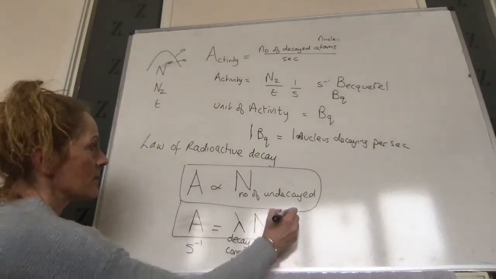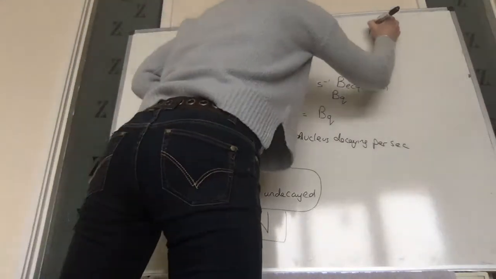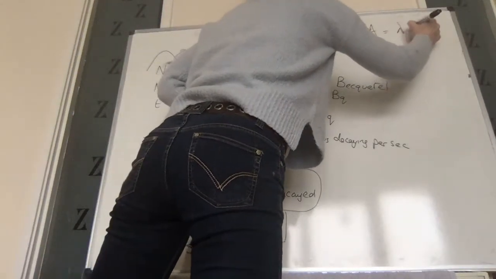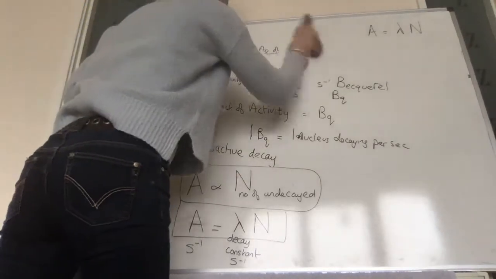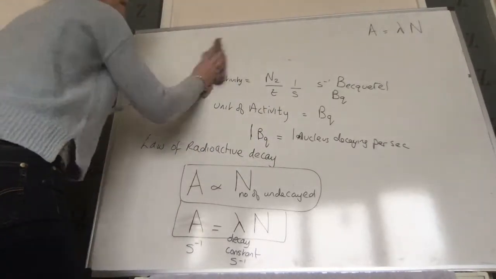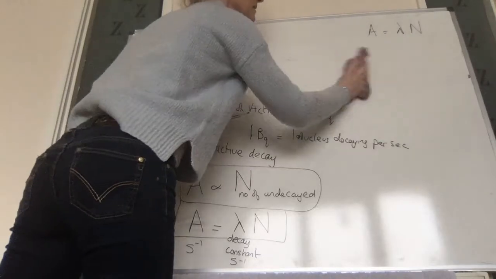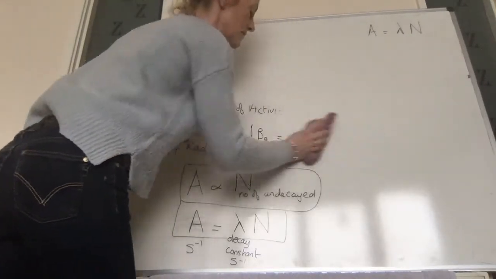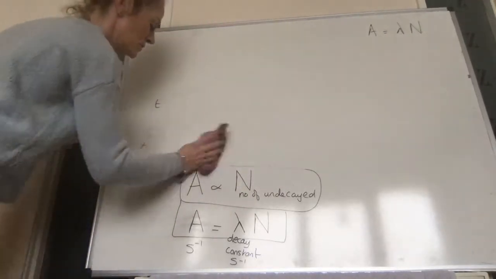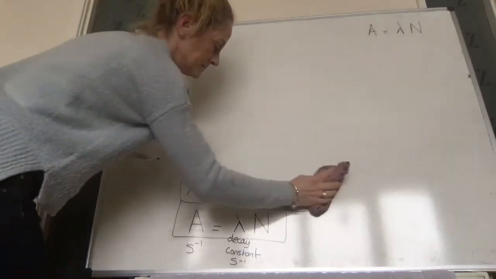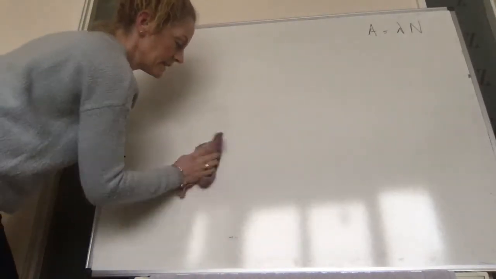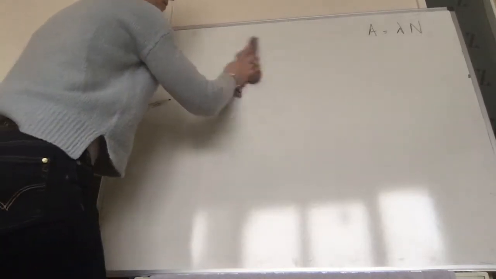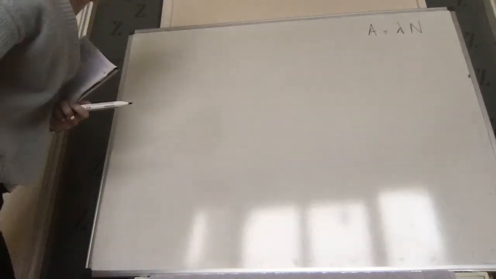That's a very important one. We'll put that up in the top corner: A equals lambda times N. The activity, the number of nuclei decaying per second, is equal to a constant times the number of atoms that are actually undecayed at that instant. So the activity is constantly varying because the number of atoms decaying is constantly varying.